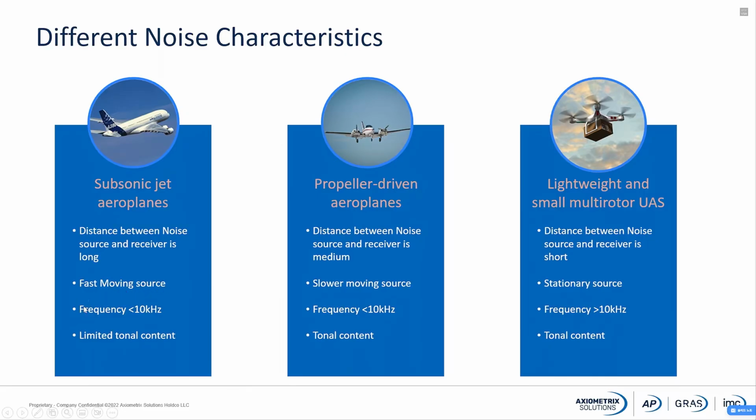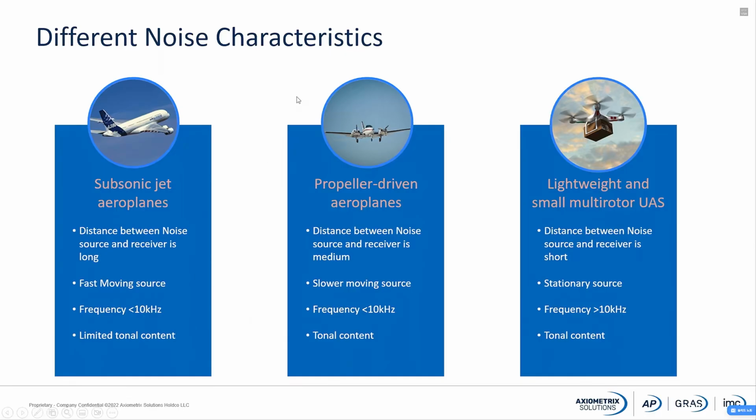The frequency content is below 10 kilohertz, and the reason is that it's a fairly long distance, so the air in between the aircraft and the receiver dampens the high frequencies. There is also limited tonal content for subsonic jet airplanes.